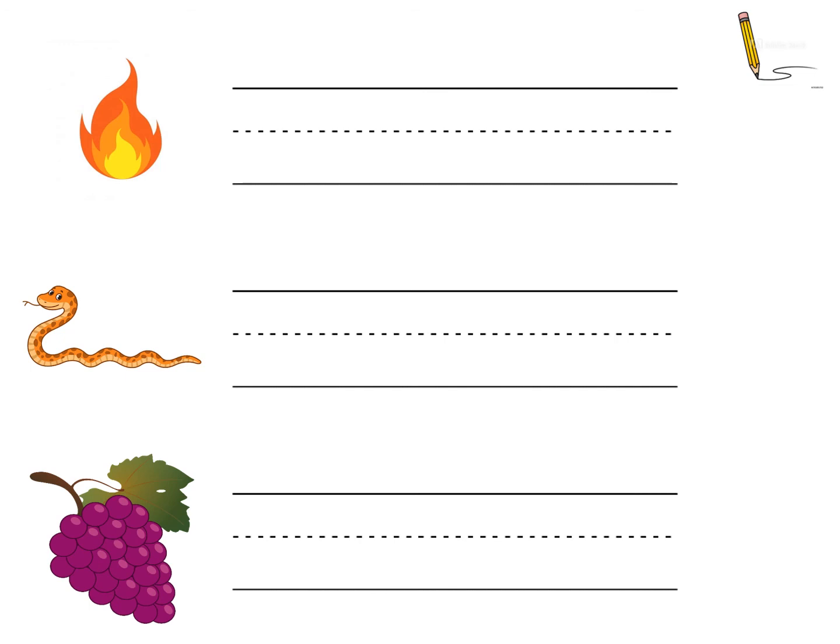The final word is grapes. Can you see that there is more than one grape? So we need to add an S to the end to show that it is plural. So the root word is grape, but we were adding an S on the end to show that this word is plural. Can you write the word grapes? Let's stretch it out together.